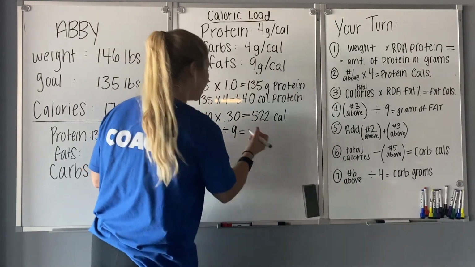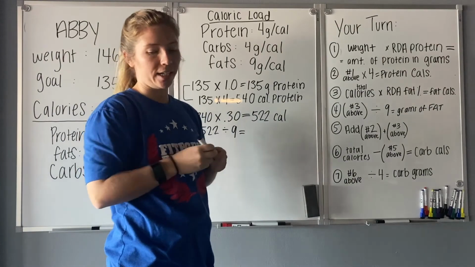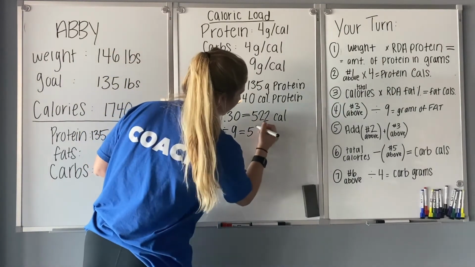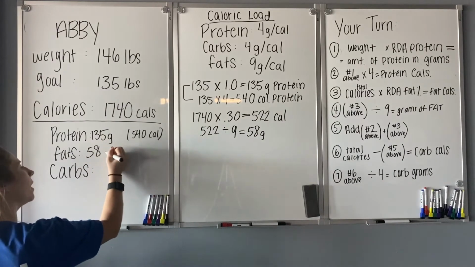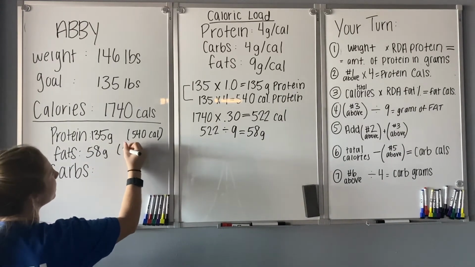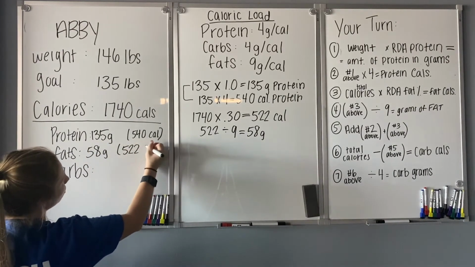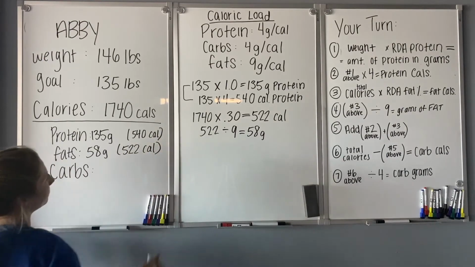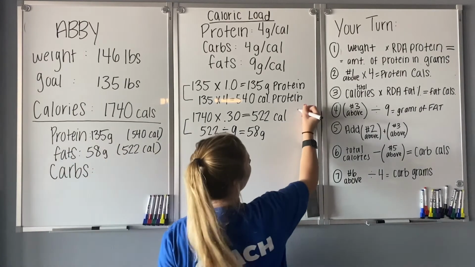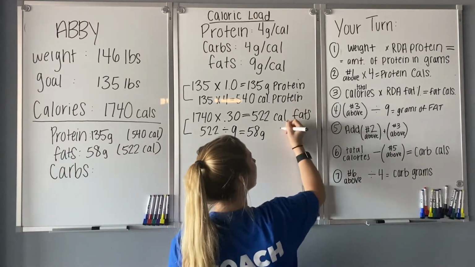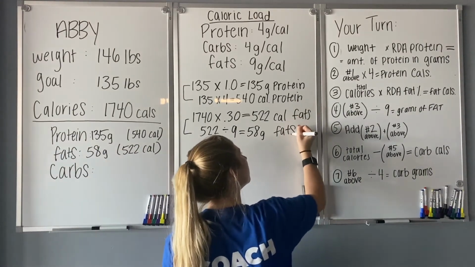And that number is going to give me 58 grams. So I'm going to come over here, I'm going to put 58 grams, and in parentheses, I've got 522 calories. So these are fats, okay?